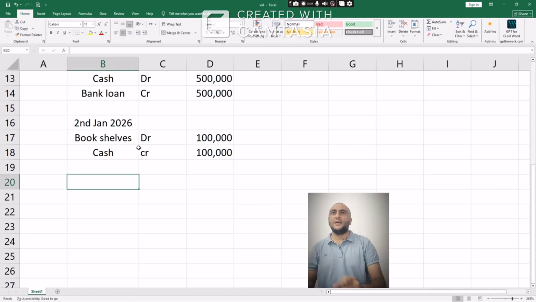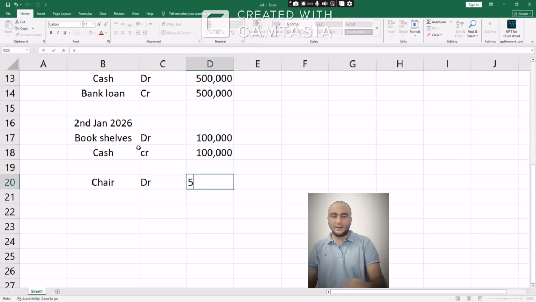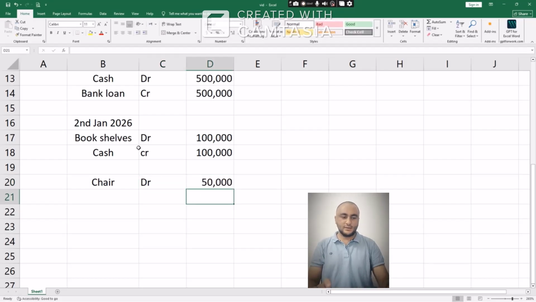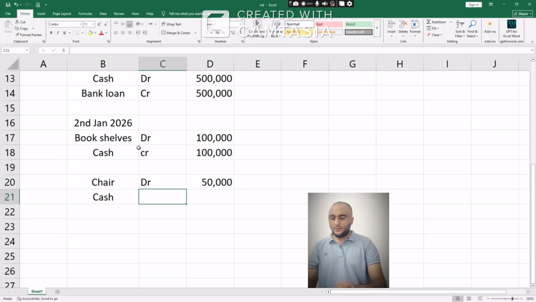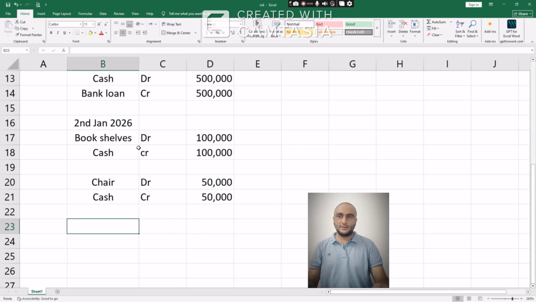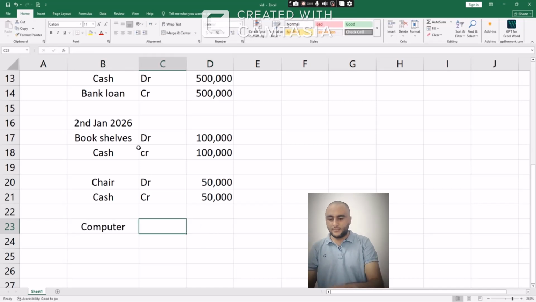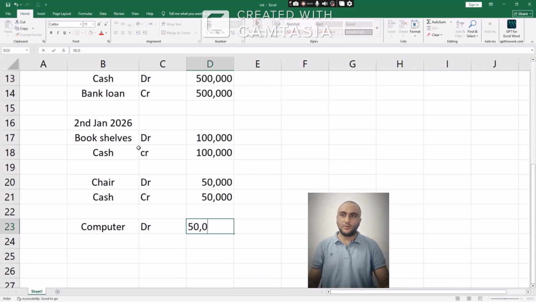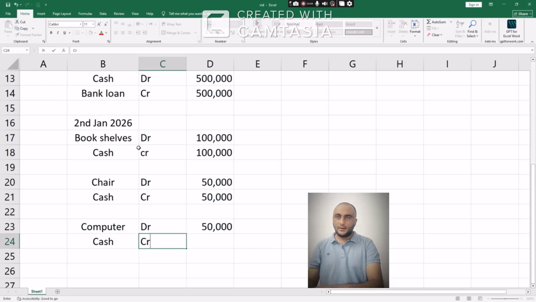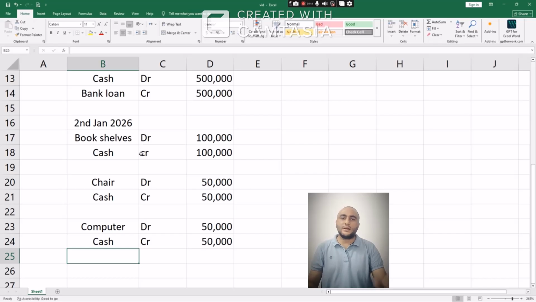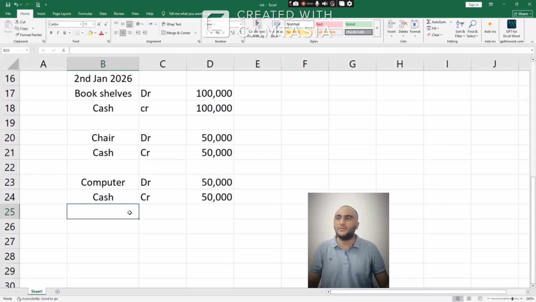Cash is credited this time, and our asset, chair, will be again debited with 50,000. Cash will be credited with 50,000. Same for, let's say, the computer. We purchase a MacBook worth 50,000, and cash will be credited with 50,000. This is how you record assets. You will record assets with long details. I will show you in Odoo, but here we will record it like that.